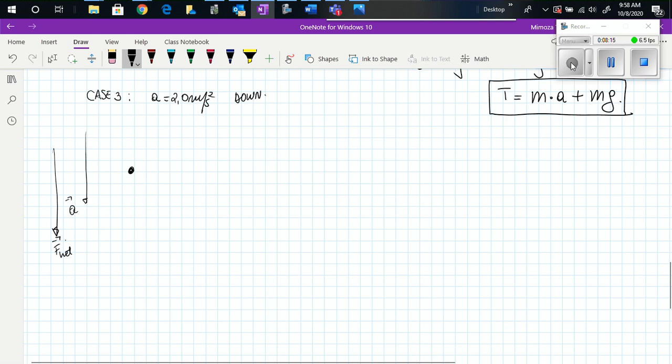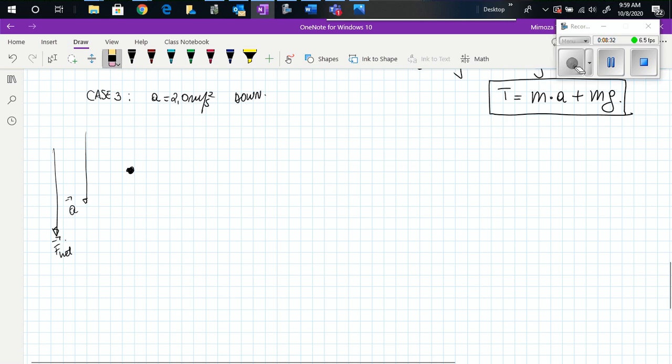Why? Because when we talked about the second law of Newton, the direction of force net and the direction of the acceleration are the same.